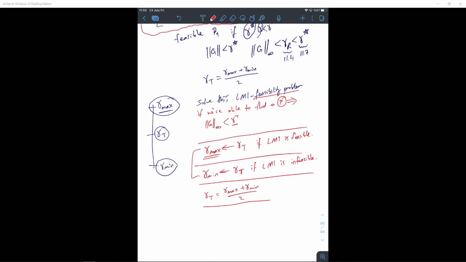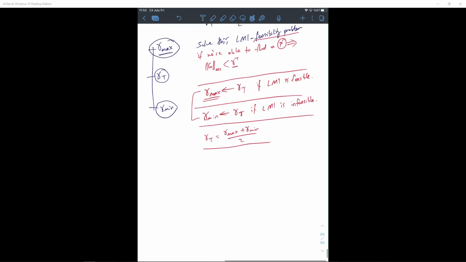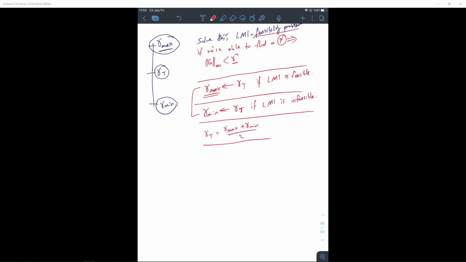After a while we are going to reach a point where gamma max minus gamma min divided by gamma max is less than our epsilon, maybe 0.001 or something.